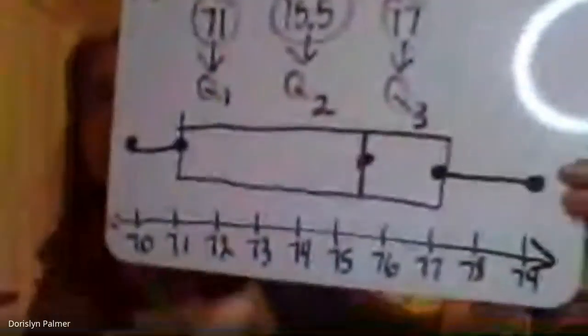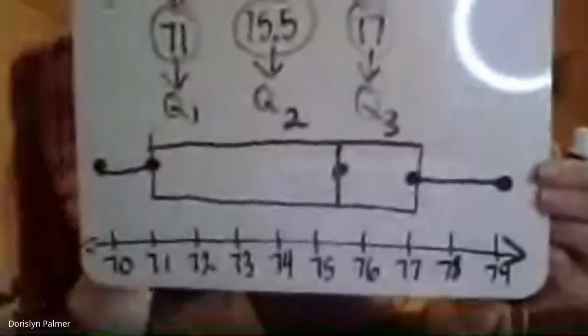Okay, look at how your box looks kind of uneven, right? That line doesn't go right down the center. That's okay. Still, 25% of your data is in that whisker on the left. And 25% is in that first part of the box, the really big part. And 25% is in the smaller part and in this whisker. Okay?